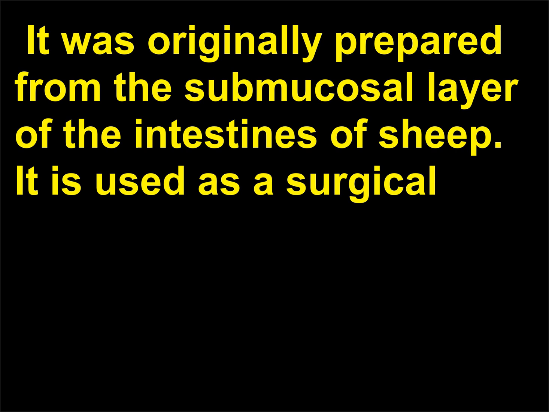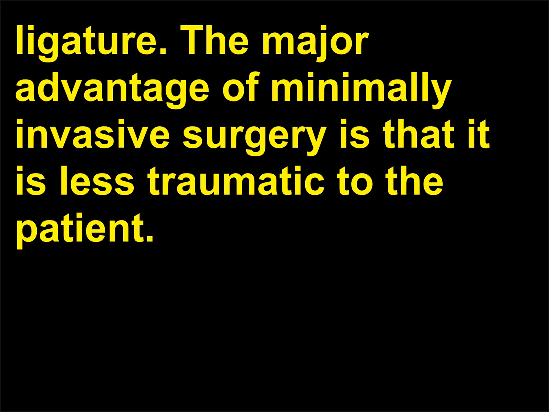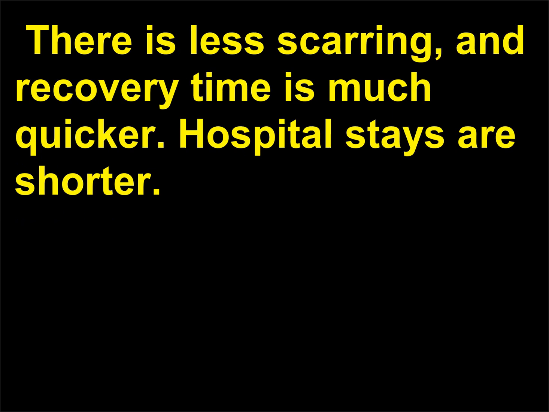It is used as a surgical ligature. The major advantage of minimally invasive surgery is that it is less traumatic to the patient. There is less scarring, and recovery time is much quicker. Hospital stays are shorter.